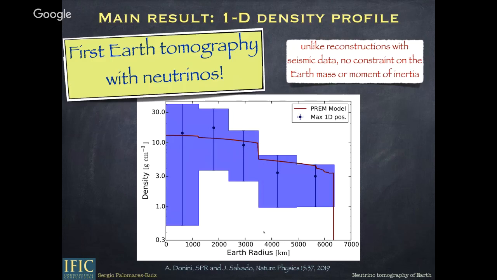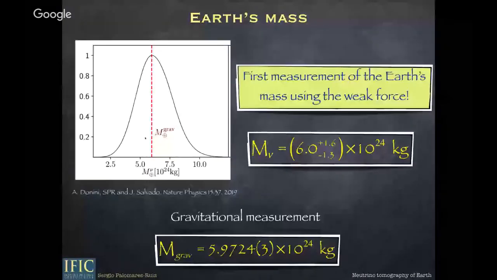And with that, once we have this, we can see what other quantities related to the Earth interior we can extract. For instance, we can weigh the Earth's mass. And this is measuring the Earth's mass with the weak force. So here there is no gravity involved. This is just using the weak force, and this is our result. Our result is fully compatible with the gravitational measurement.